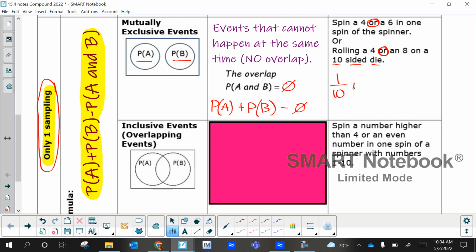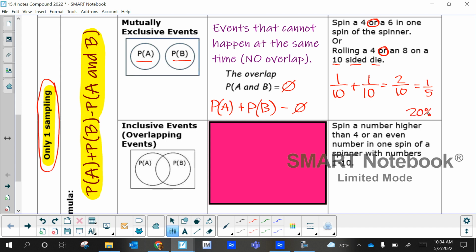And then remember, we're going to add. There's only one 8 on the 10-sided die. So we have a 2 out of 10 chance, okay? 1/5, which is about, or actually right on it, 20%. So 1/5, which is 20%.